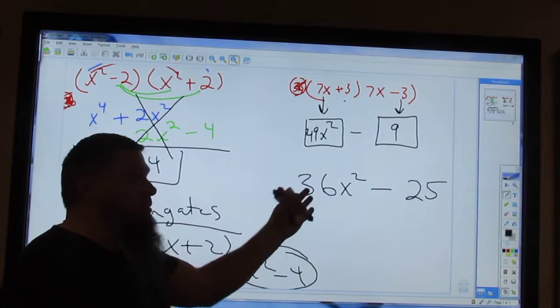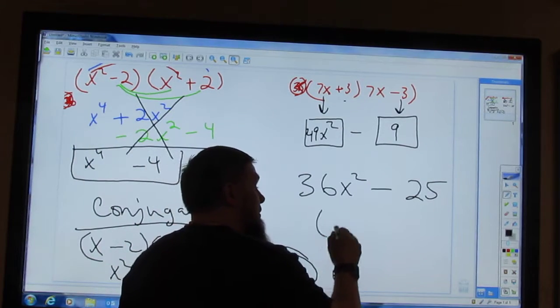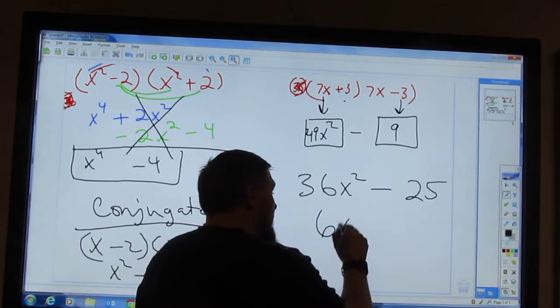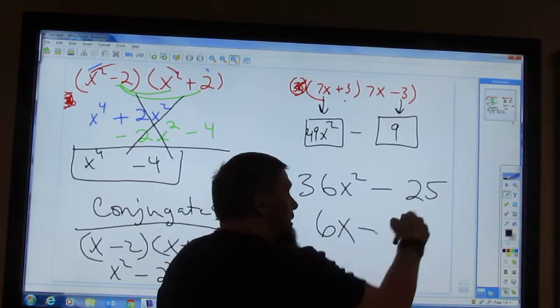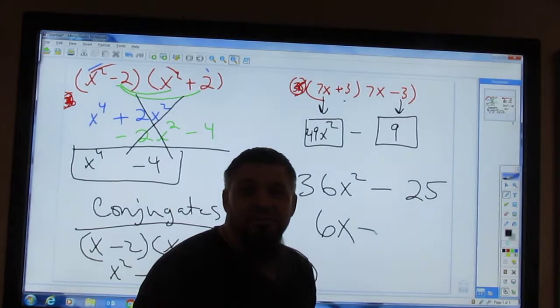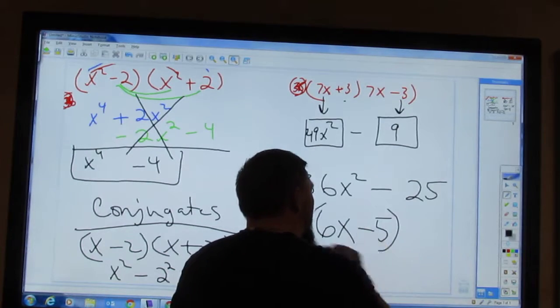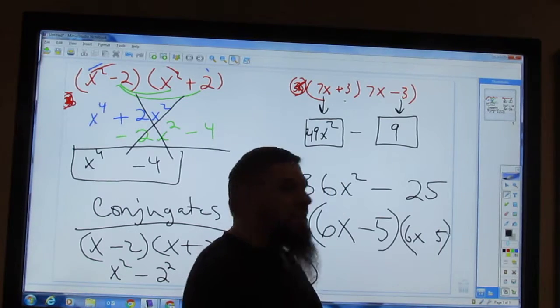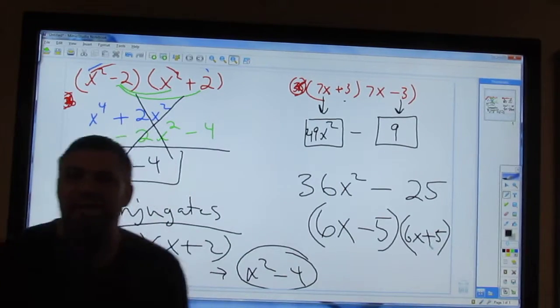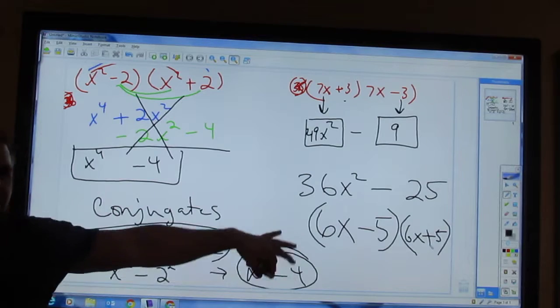So what's the square root of 36? Square root of x squared? x. What's the square root of 25? What's the conjugate? Plus 5. Very good. That's next chapter. That's what we're doing next chapter.